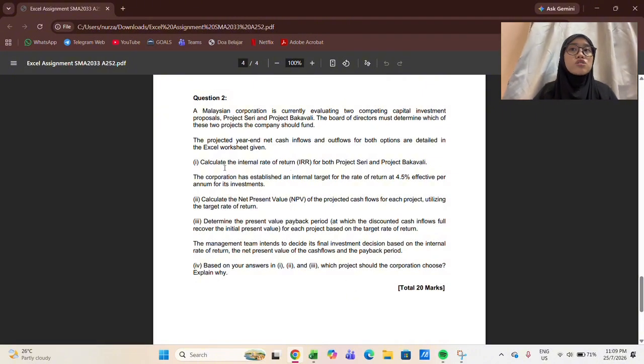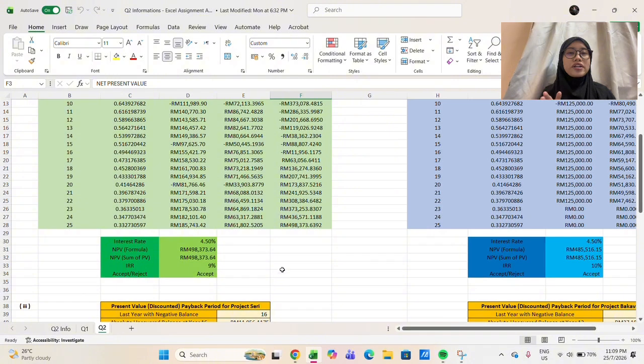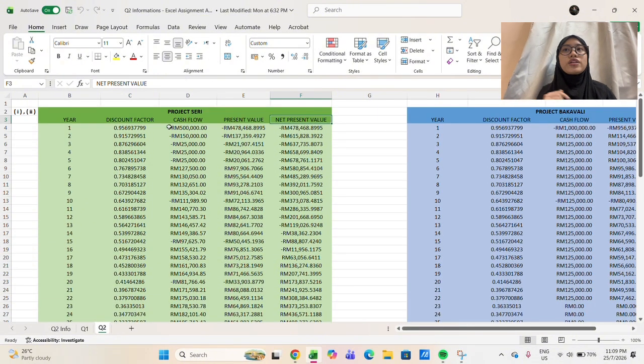For question 2, part 1 needs us to calculate the IRR for Project Zairi and Project Bakabali, while for part 2, we need to calculate the NPV for both projects. So I combine part 1 and part 2 of question 2 together.